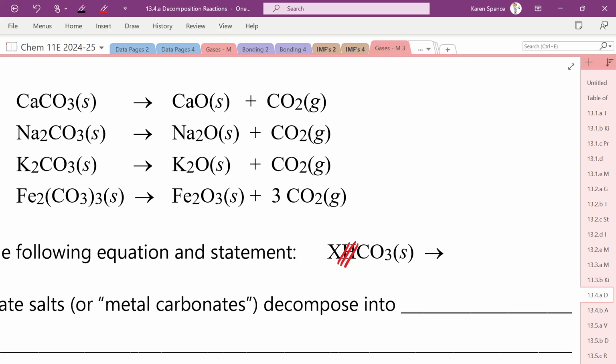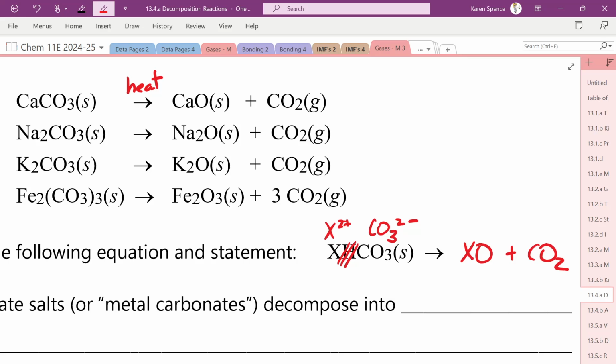XO, yes, plus CO2, because we know that X has to be 2 plus because it's paired with CO3 2 minus, and whenever you heat a carbonate, it will break down into the oxide and carbon dioxide. It's actually pretty straightforward.